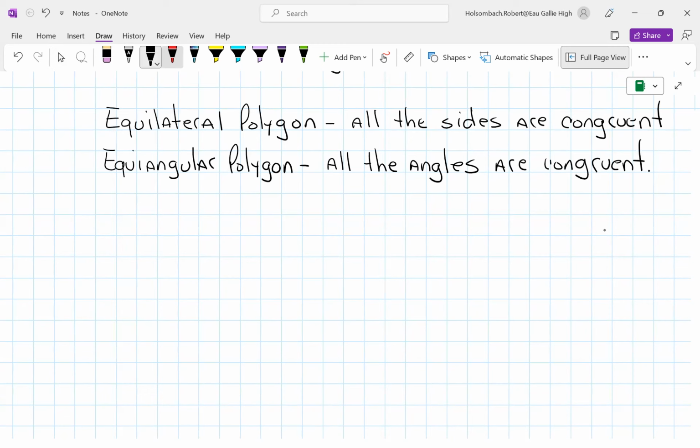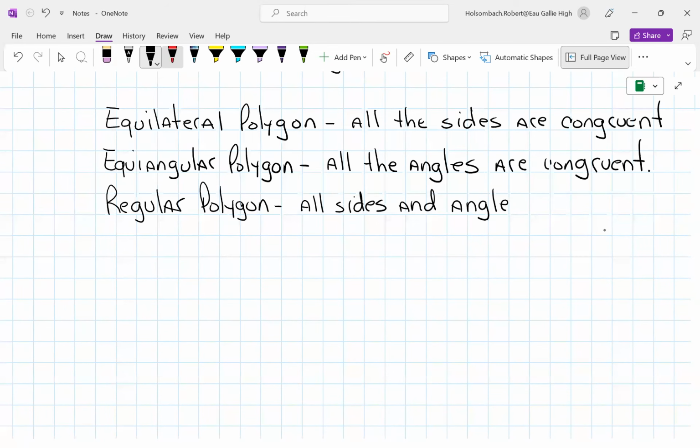And a regular polygon. Now all the sides and all the angles are congruent.